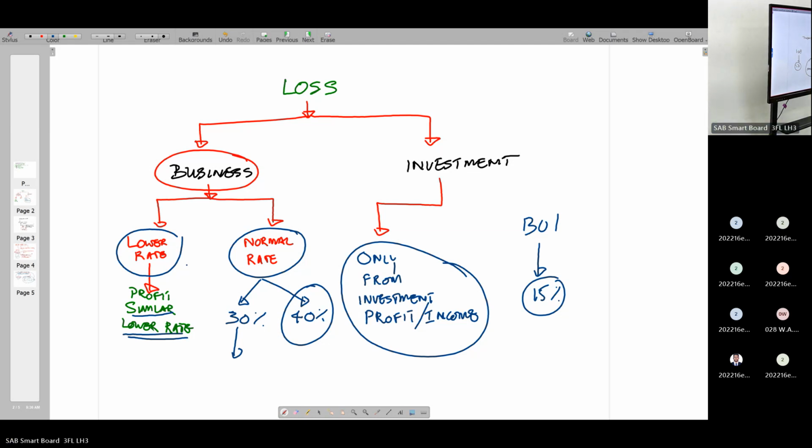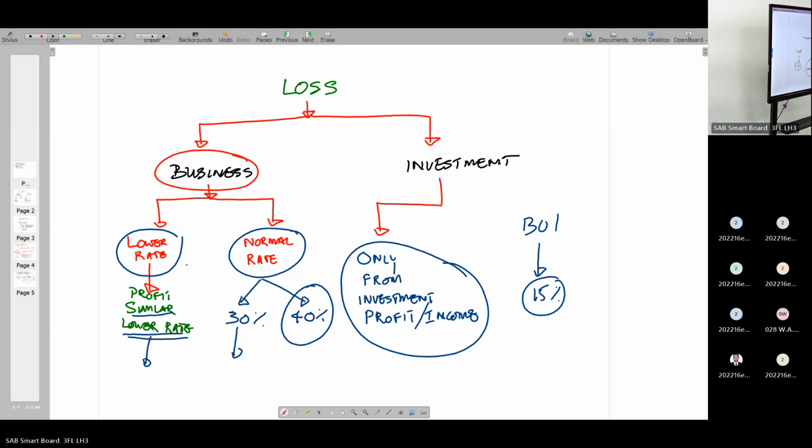Yeah, this is also the same. Say profit is taxed at 15%, so that loss cannot be set off against this. Right? So in case of the investment, if there is any loss from investment, that loss can be set off only from investment.